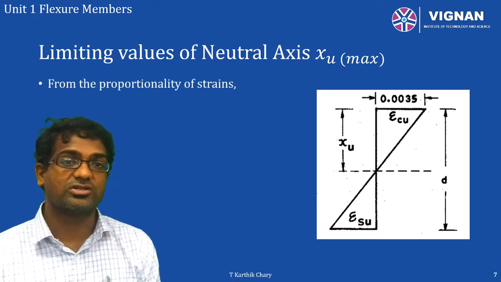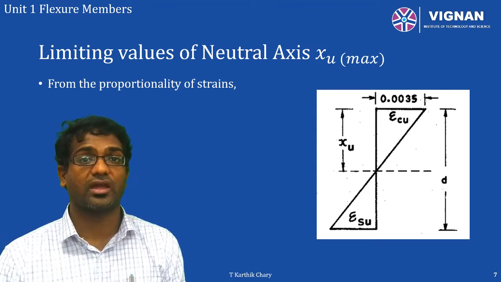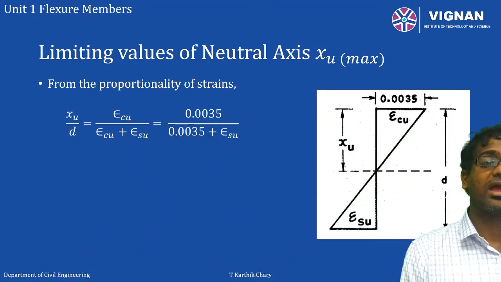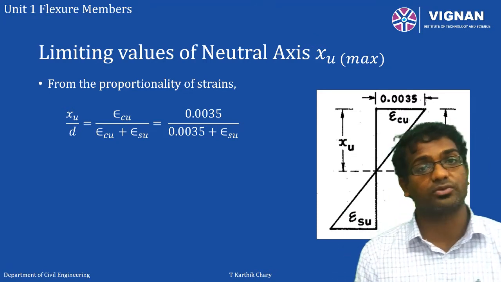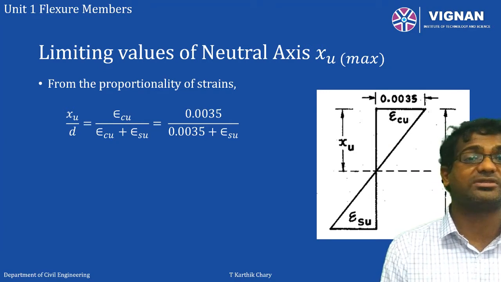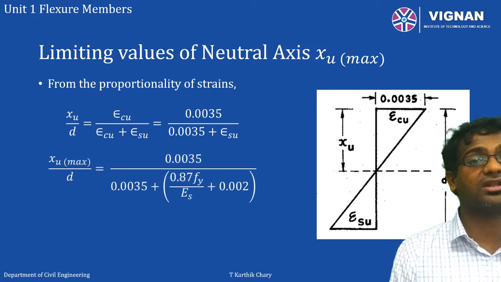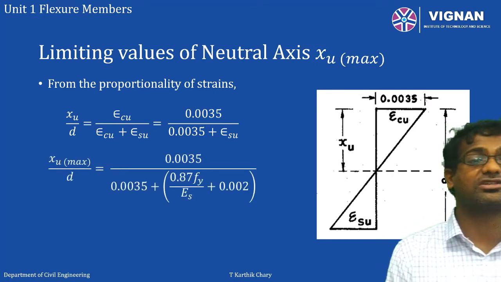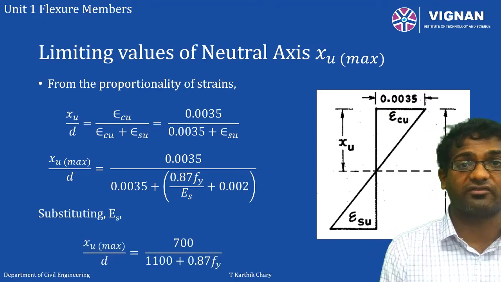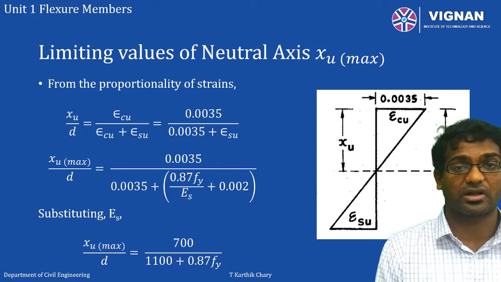From the proportionality of the strains, you can state that xu by d equals epsilon cu by (epsilon cu plus epsilon su), where epsilon cu is the ultimate strain in the concrete and epsilon su is the ultimate strain in the steel. If you substitute the ultimate strain in the concrete in the above equation, the equation can be simplified to this, where we have even substituted Young's modulus of elasticity as 200 into 10 power 5 Newton per mm square.